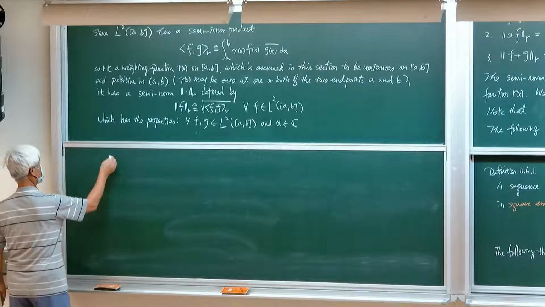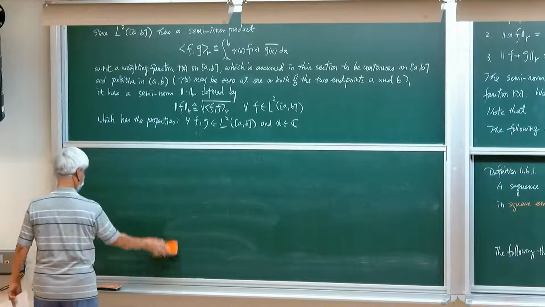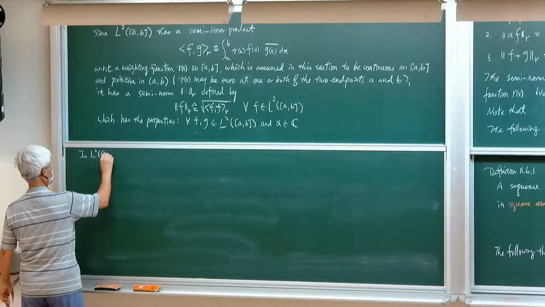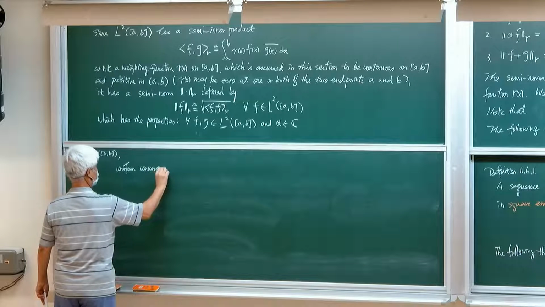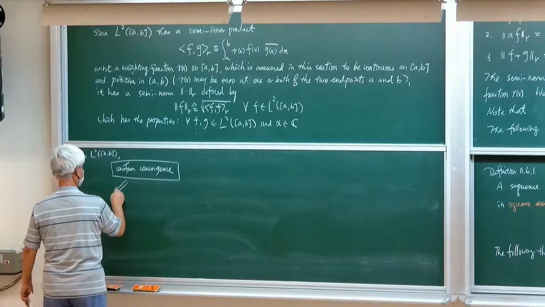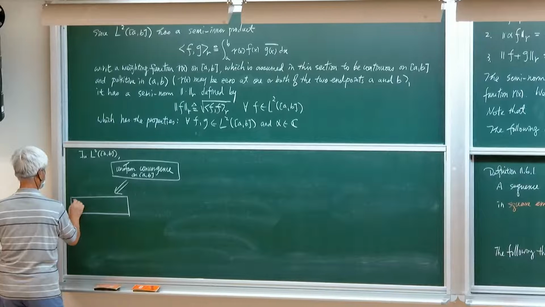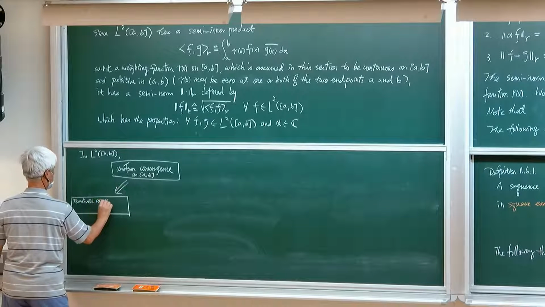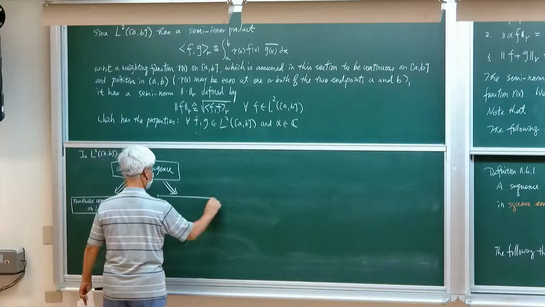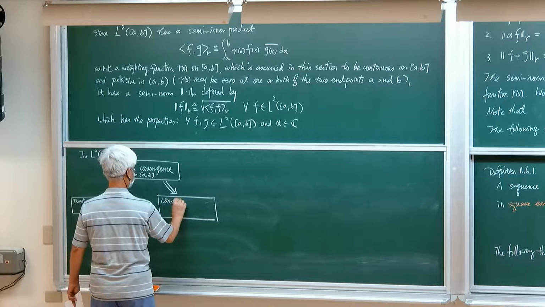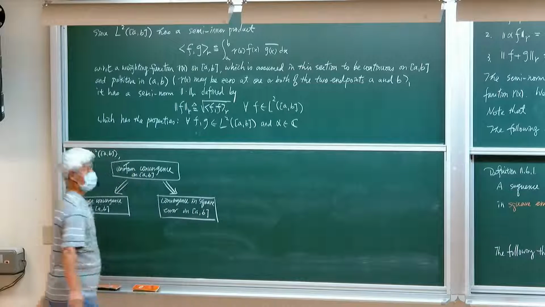So maybe I can write a diagram. Uniform convergence on [a, b] implies pointwise convergence on [a, b], and also implies convergence in square error on [a, b].